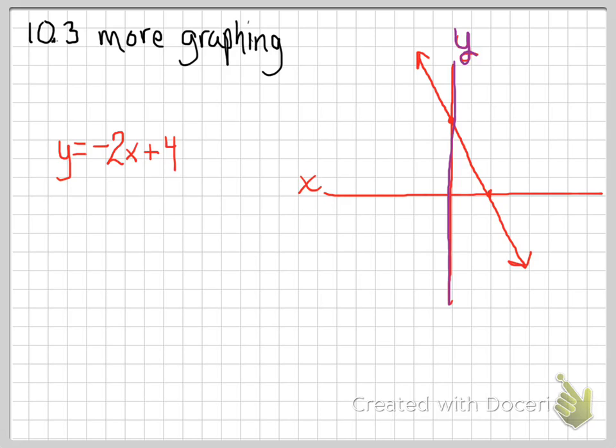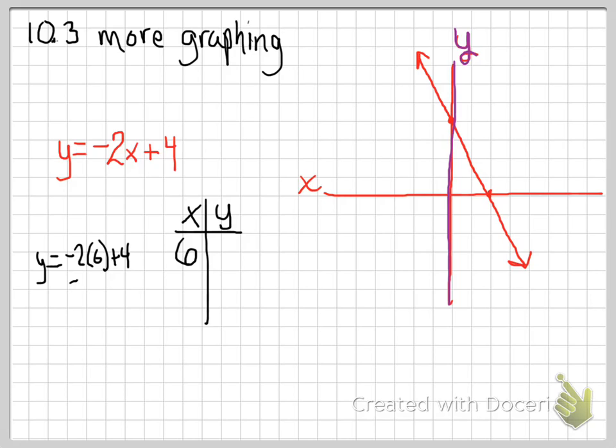And if you're going to graph this equation that I have right here, you could make an x and y table, and you could plug some points in. Maybe you plug 6 in. So we talked about that last section. So it would be y equals -2 times 6 plus 4.